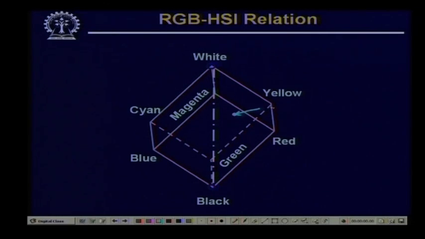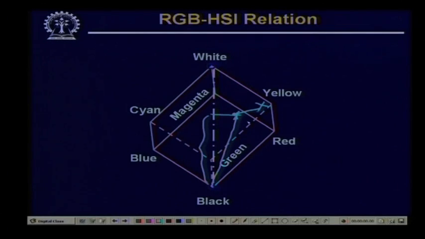Say this is a point x; I can represent this point as a vector joining black to this point, and the intensity component associated with this RGB value is nothing but the projection of this vector on the intensity axis. If I project this vector on the intensity axis, then the length of this projection tells us the intensity component associated with this RGB specified color point.